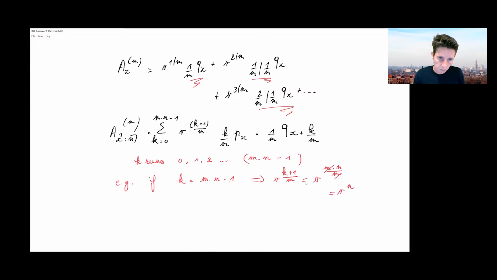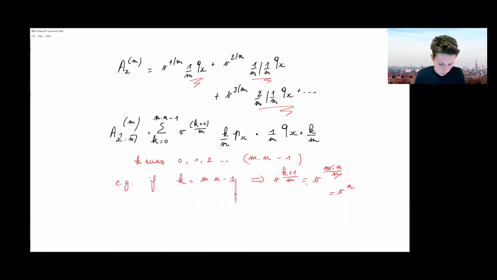Because that's what I want. If I look at that happening in the very last period of length 1 over m, then the €1 benefit will be paid at time n. And so then I have to discount from time n to time 0, and I'll need the discount factor v to the power n, right? So that indeed works well.